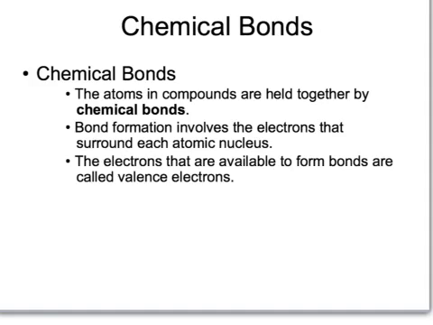That particular particle is electrons. The outermost electrons, known as the valence electrons, are what create the chemical bond. To review, chemical bonds are held together by electrons on the outermost electron clouds, called valence electrons.